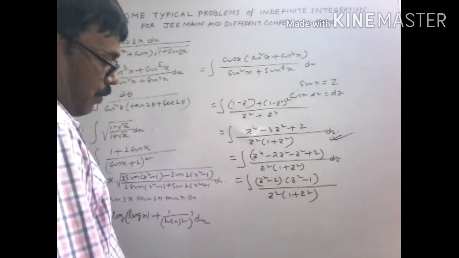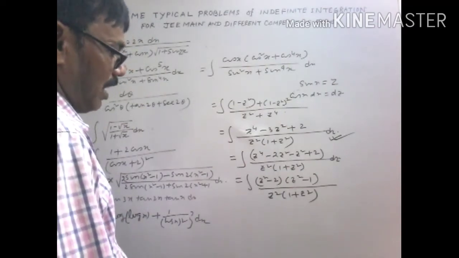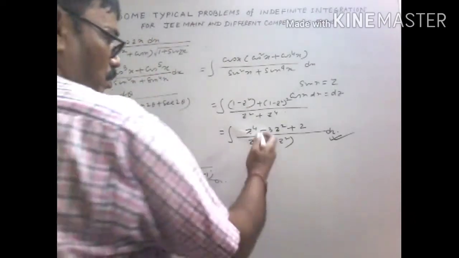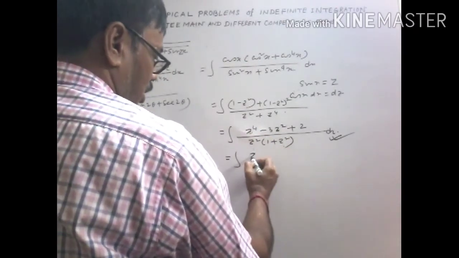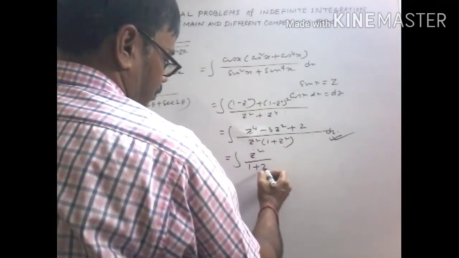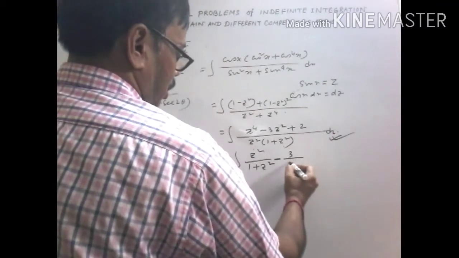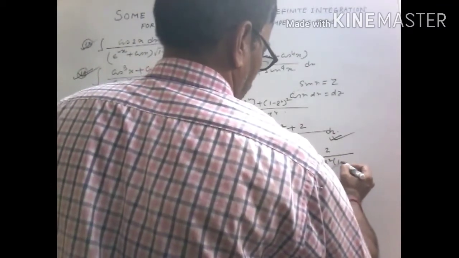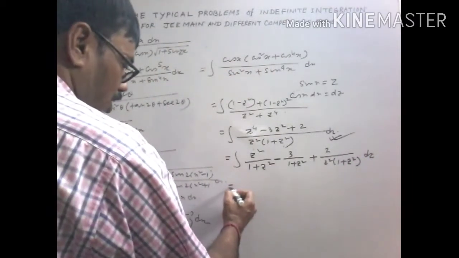So we can use the method of partial fractions, but look, partial fraction will be lengthy, so we do not use this step. Look, part by part. Suppose z to the power 4 by this, so z square by 1 plus z square, z square and z square cancelled. This is 3 by 1 plus z square, and this is 2 by z square into 1 plus z square. I think this would be simple.